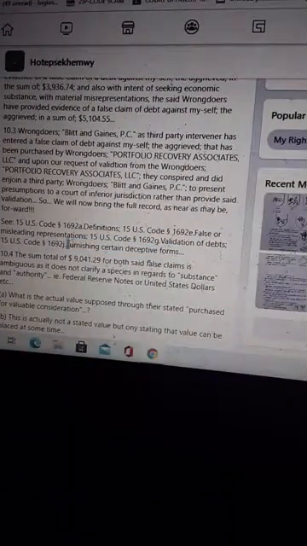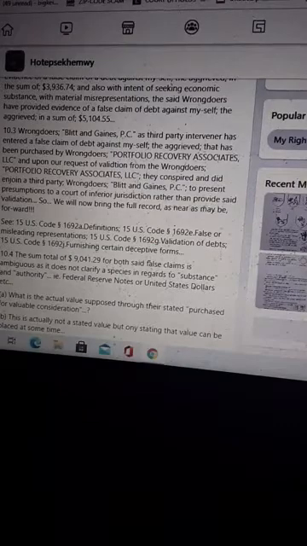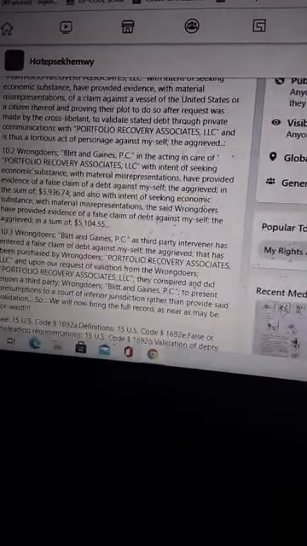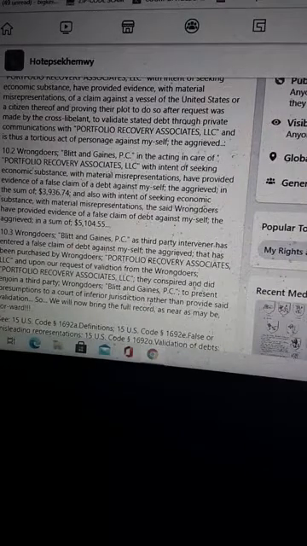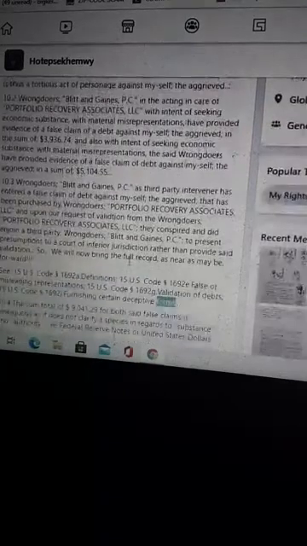One question we have to ask here: furnishing certain deceptive forms. We're talking about the forms that they're presenting in a court case as a third-party intervener on behalf of Portfolio Recovery Associates through a simulated legal process.